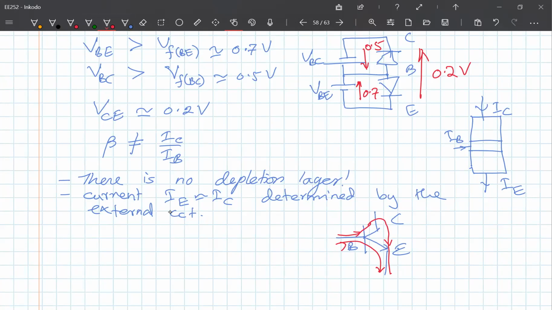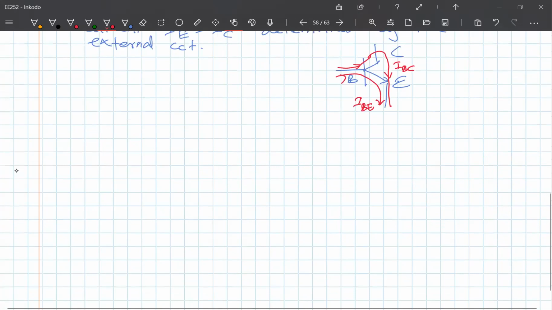So IBC is also flowing through this, and IBE also goes through that, so they combine to flow through this. Hope this is clear. When we look at the circuits, we will show that this depends on the external circuit, not a property of the transistor itself.